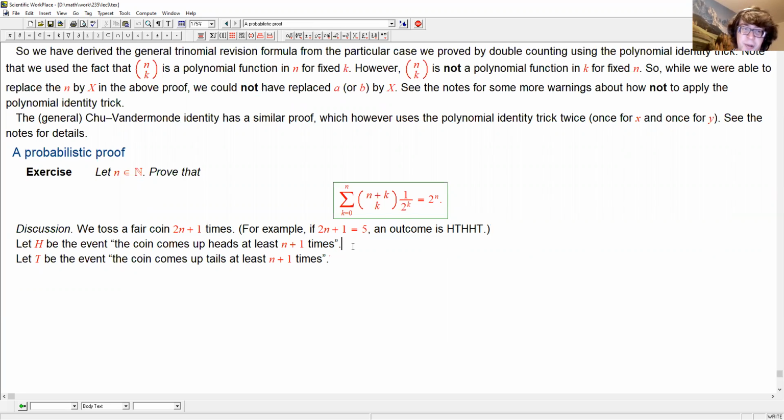In this case, you are in the event h, because heads appears at least 3 times. Basically, h says the majority of times you have heads, and t says most of the time you have tails. So the probability of h plus the probability of t is 1, because h and t are complementary events. If you have one, you don't have the other.